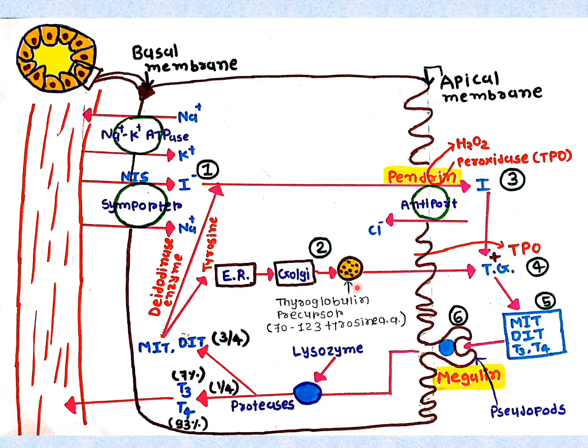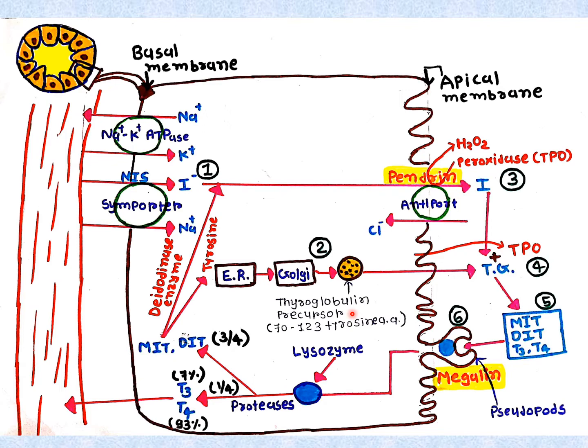This thyroglobulin is basically a glycoprotein molecule with a molecular weight of 335,000, which contains 70 to 123 tyrosine amino acids, and they bind with the iodide or oxidized iodide to form thyroid hormone.